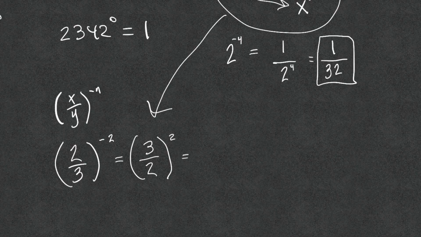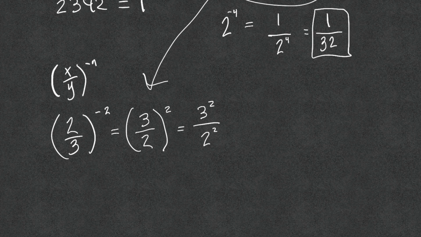So now, this exponent of 2 needs to be distributed to both the numerator and the denominator. Essentially what we have in the next step is this. Three times 3 is 9. 2 times 2 is 4. This cannot be simplified any further. So that's our final answer.